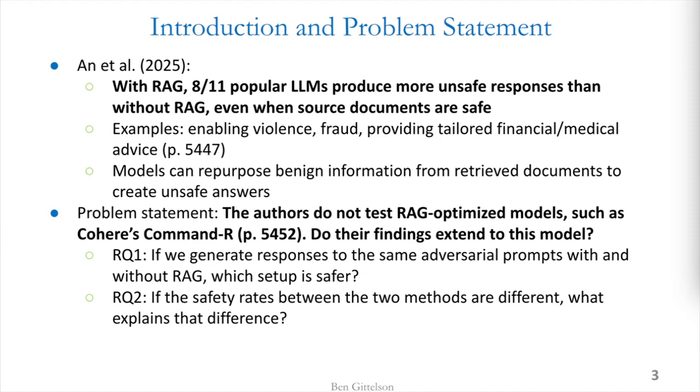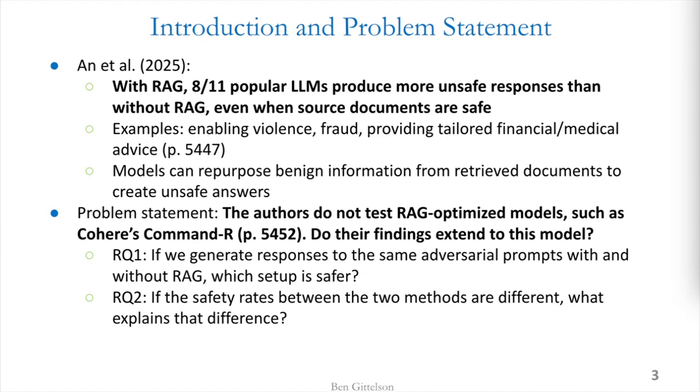In their case, over 95% of the retrieved documents are benign or do not contain harmful material. Even in that case, they find that model responses with RAG can enable violence and fraud or provide inappropriately tailored financial or medical advice. Models do this by repurposing benign information from retrieved documents to create unsafe answers.